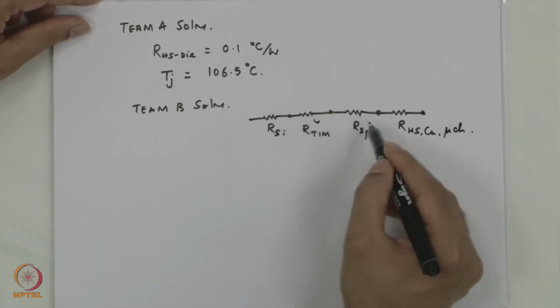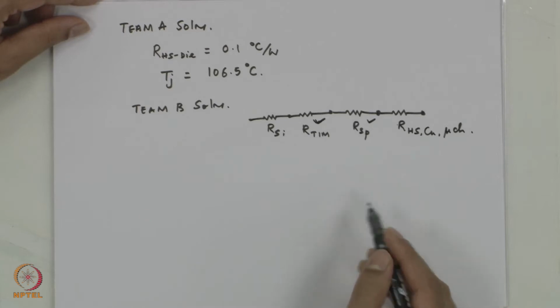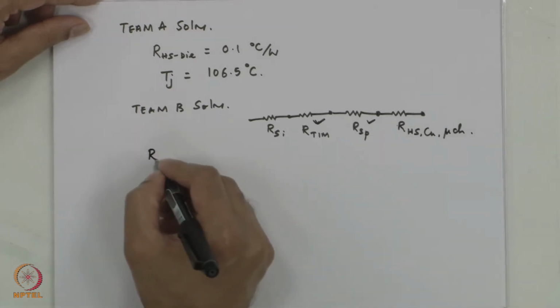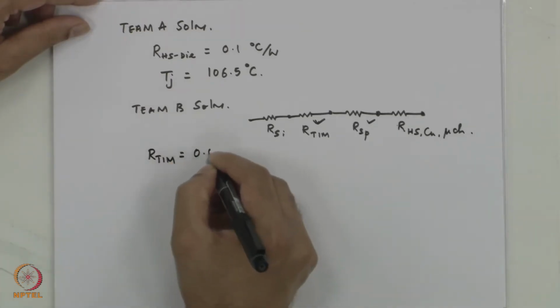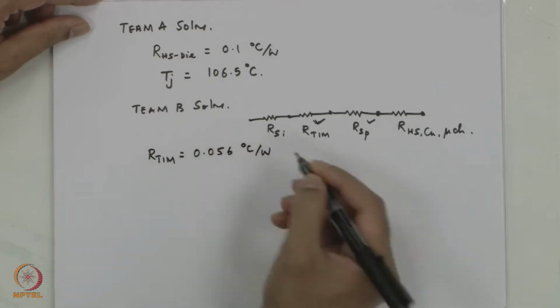So, these additional resistances show up compared to the previous case. The TIM resistance is something that is given, so we can use that value of 0.056 degree C per watt.